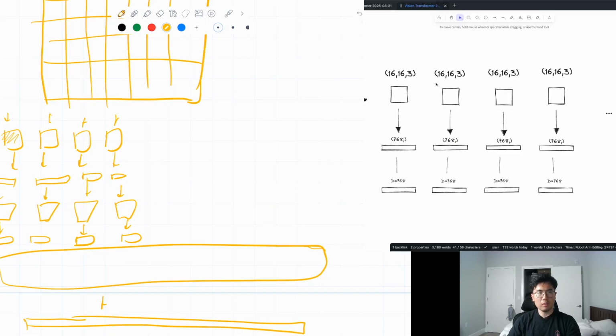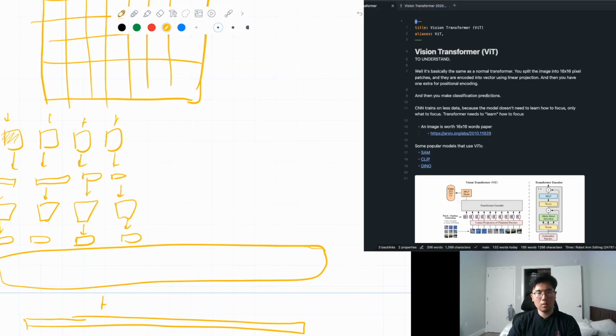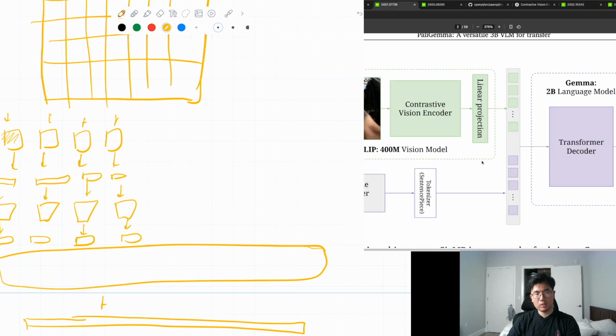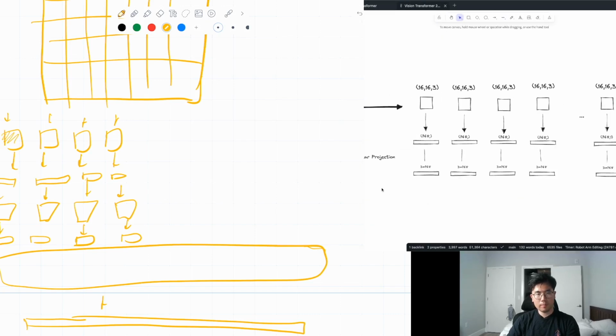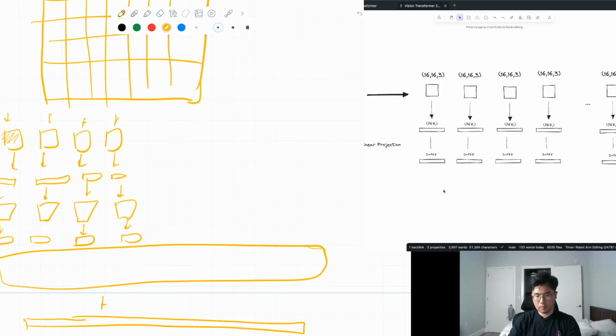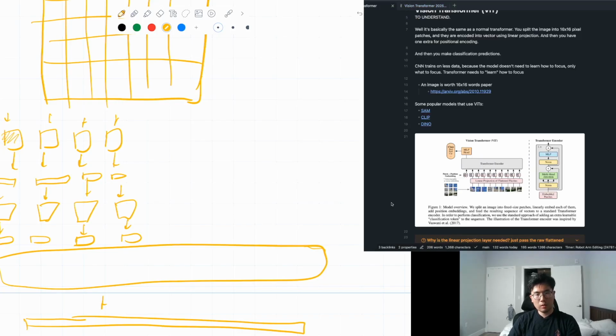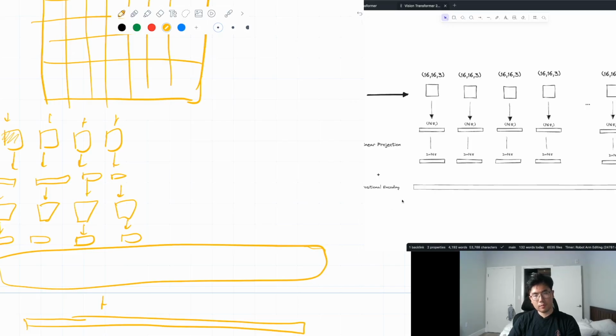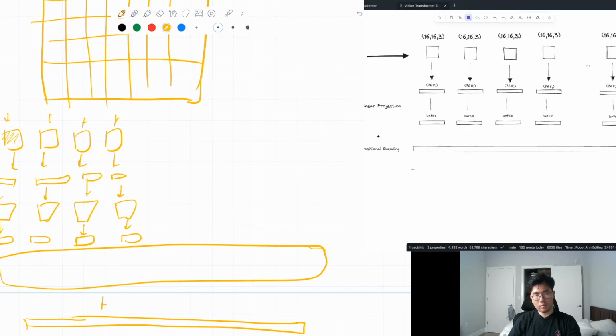And that's pretty much it, right? So you have your linear projection, some positional encoding, and then that's your transformer.